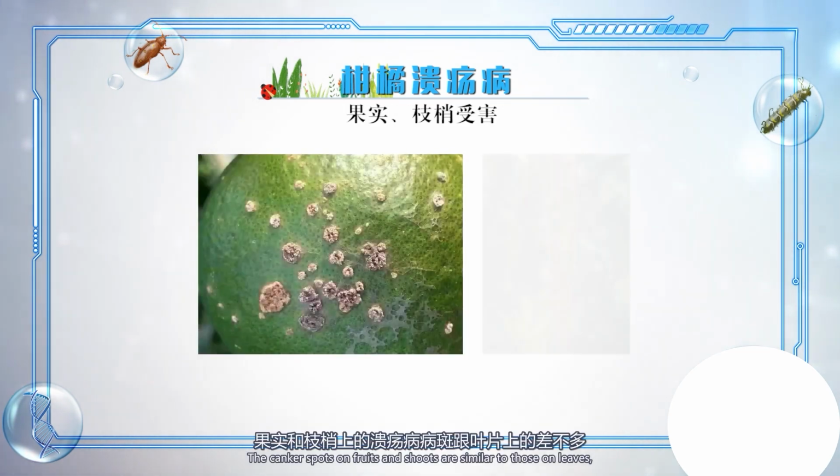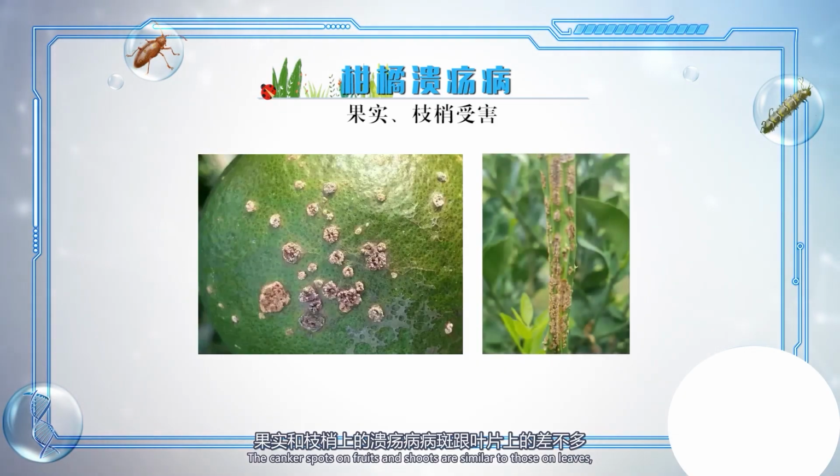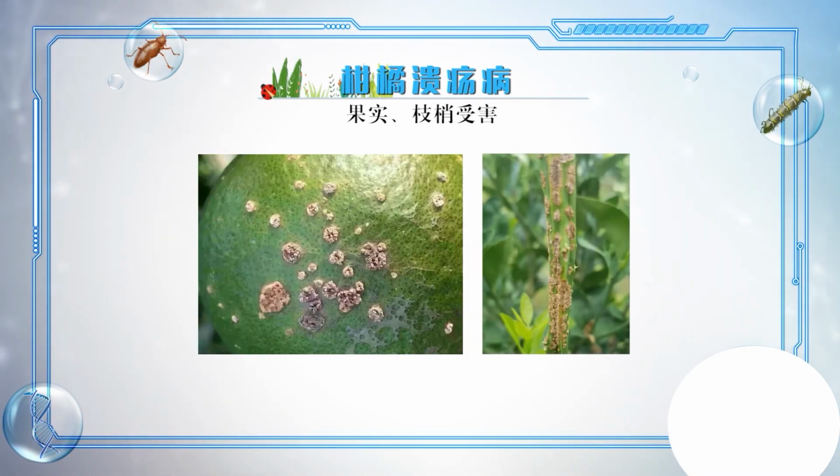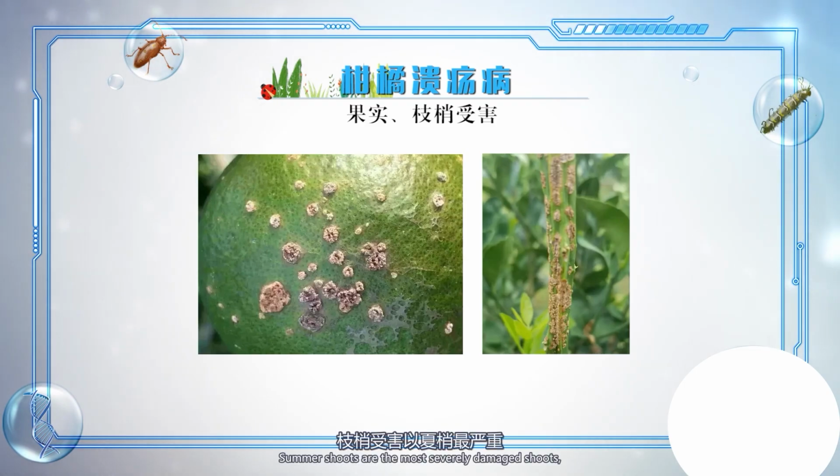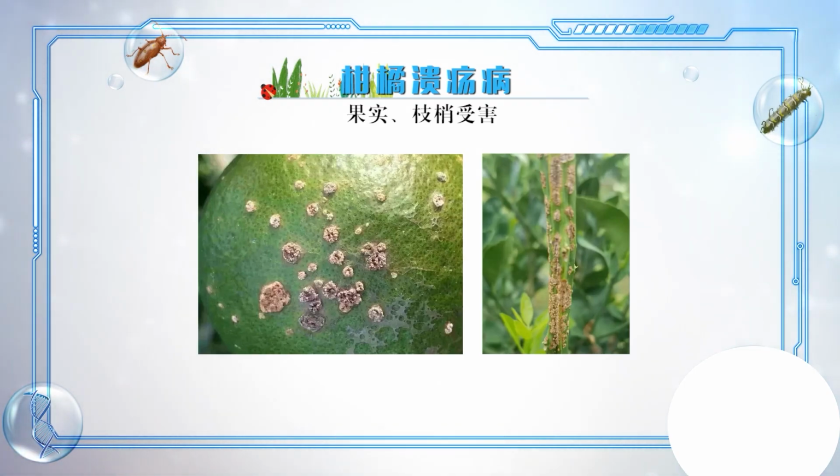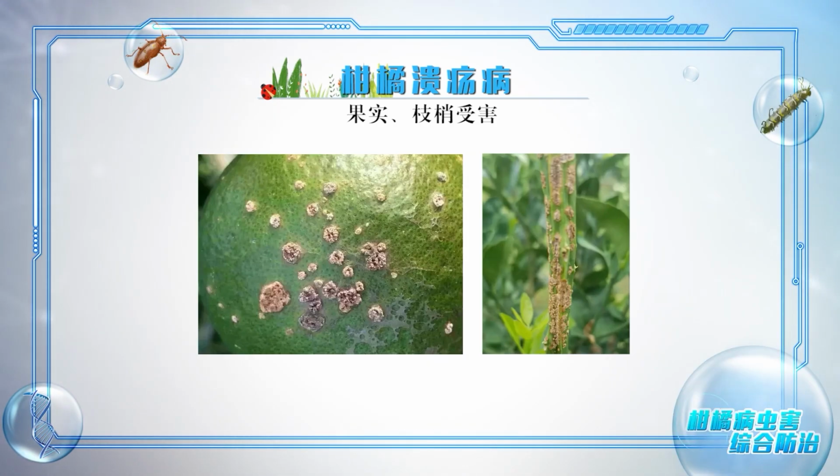The canker spots on fruits and shoots are similar to those on leaves, but the degree of suberification is more serious, and crater-like cracking is more obvious. Summer shoots are the most severely damaged shoots, which may cause leaves to fall off and shoots to die in severe cases.